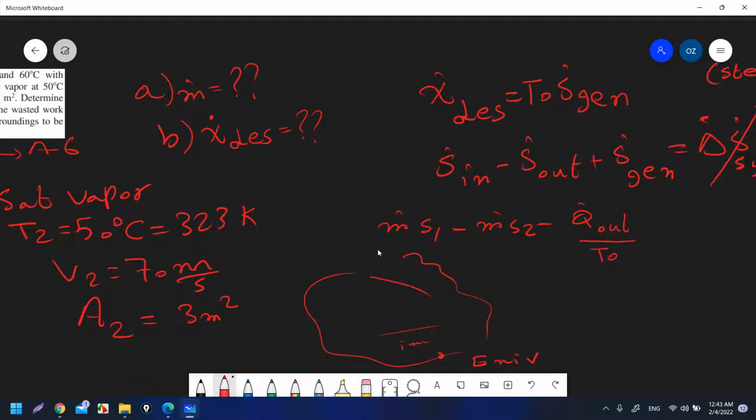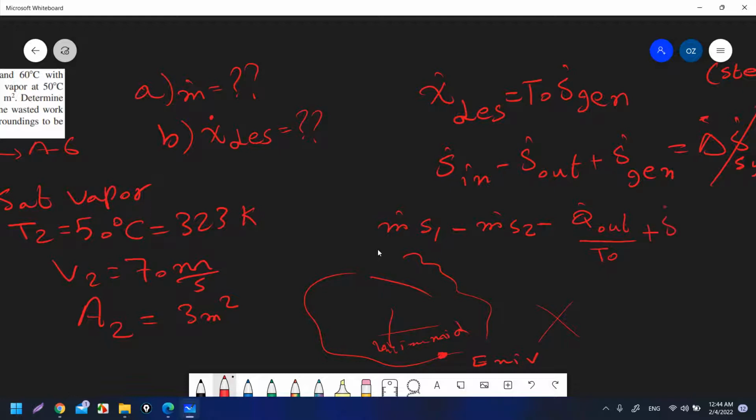The heat will go out and move from high temperature to low temperature, until it reaches the environment temperature. When it reaches the environment temperature, it will not continue. There will be no heat here. That's why I'm saying Q dot out over T naught.